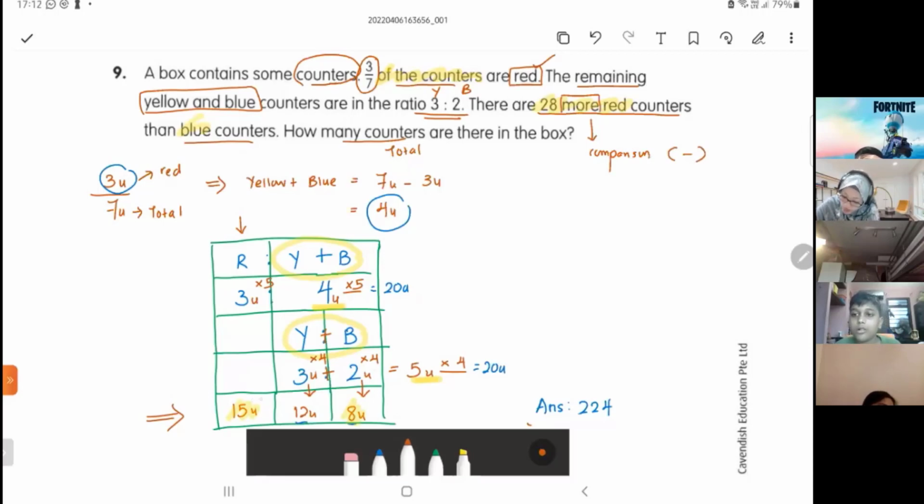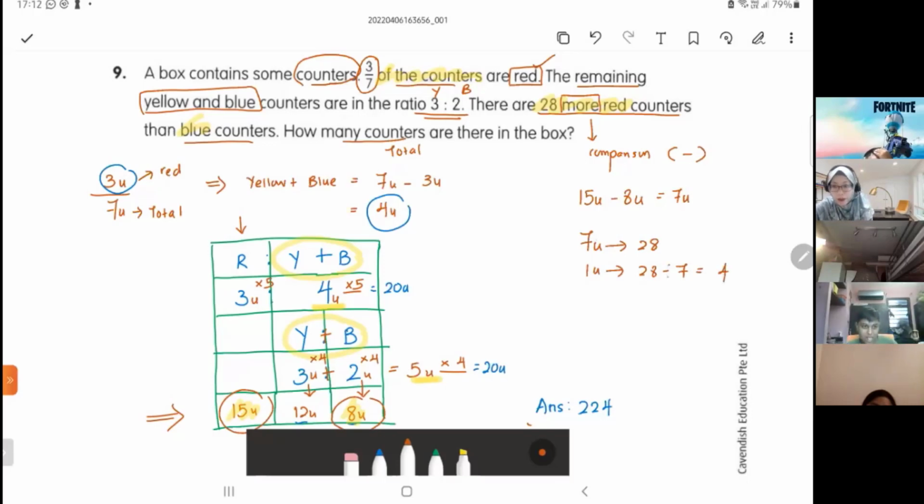So we are going to look at this and this. 15 units minus 8 units will be 7 units. 7 units is the comparison, which is 28. Okay, now 1 unit will be 28 divided by 7, and I get 4.